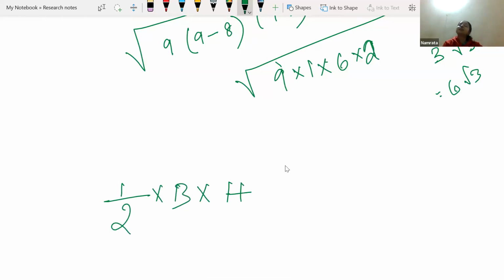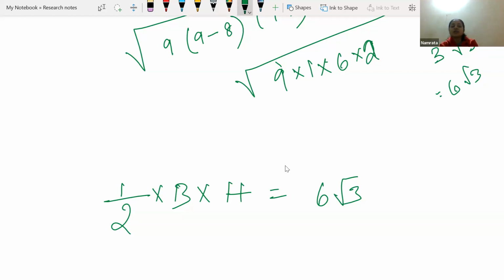Whatever area that gives, it will be the same area we got using the other formula. Since we are talking about the same triangle, the area has to be the same, be it Heron's formula or any formula.